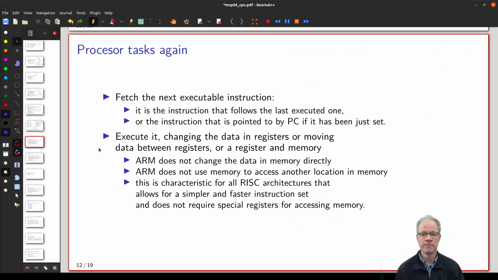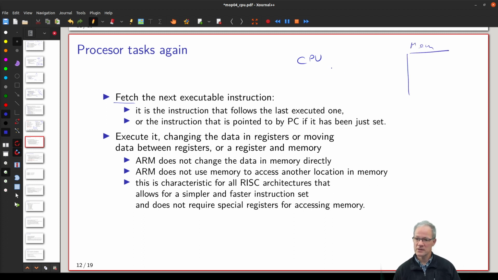All right, so let's look at the processor tasks once again. How do we fetch the next executable instruction from the memory? Remember, there's the CPU, and there's the memory.